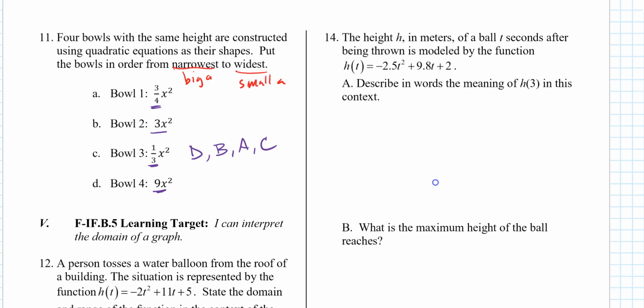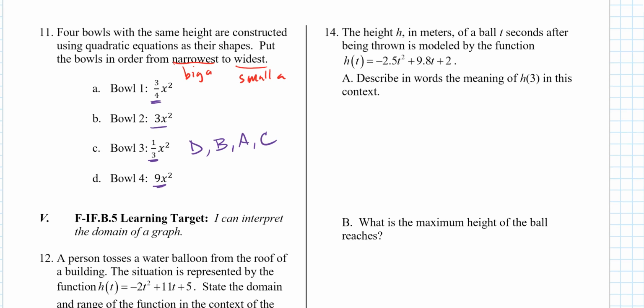All right, and then almost done. The height of a ball t seconds after being thrown is modeled by that function. Describe in words the meaning of h of 3 in this context. Well, we know that h of t represents the height of the ball at some time. They told us that. The height h of a ball t seconds after being thrown.